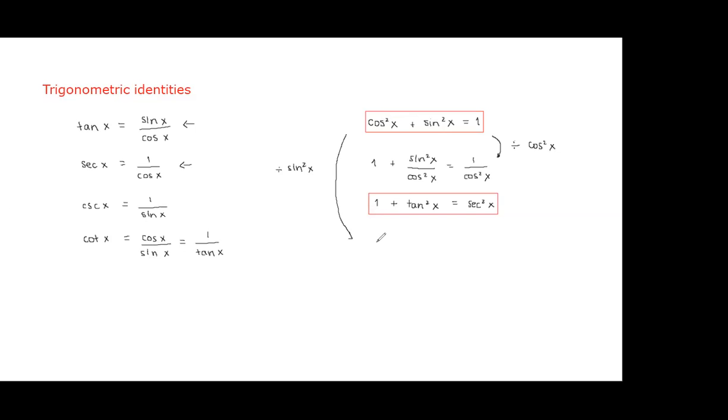That looks a lot like cotangent, but squared. Plus sine squared of x over sine squared of x, which is 1, is equal to 1 over sine squared of x, which is cosecant squared of x. And that concludes the identities that you need to know.